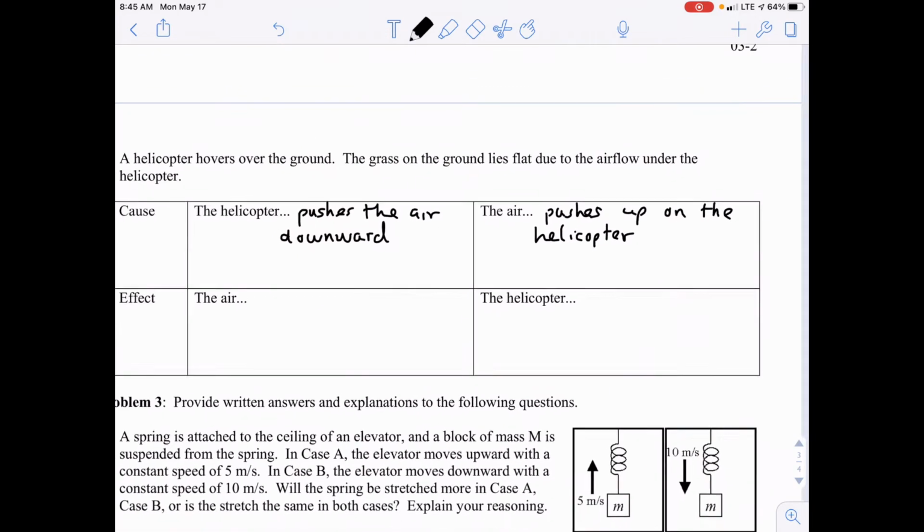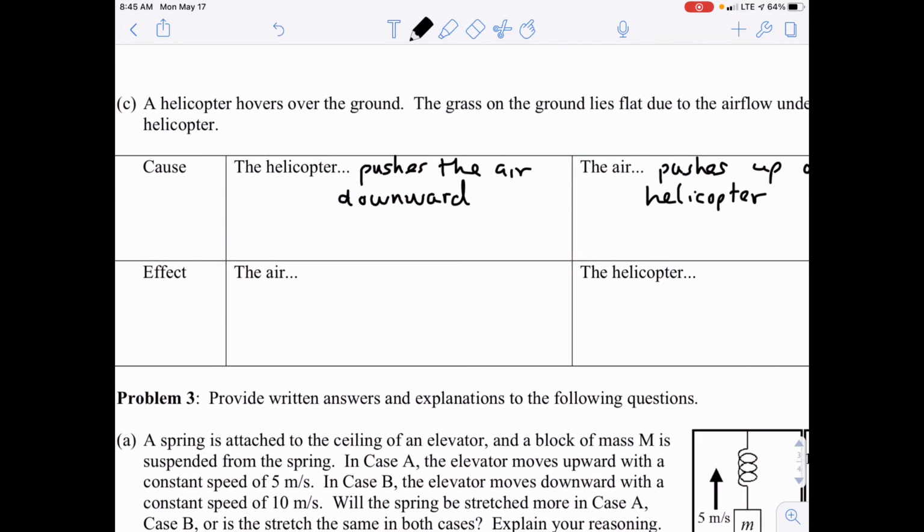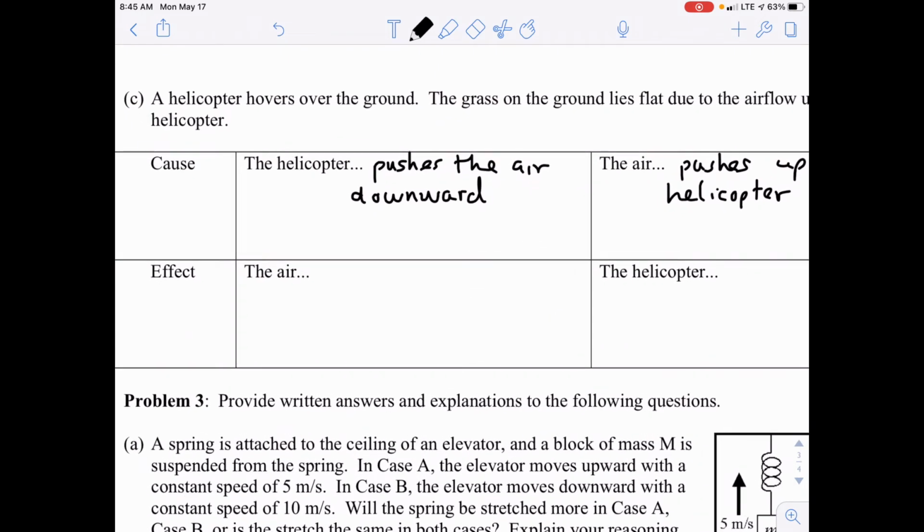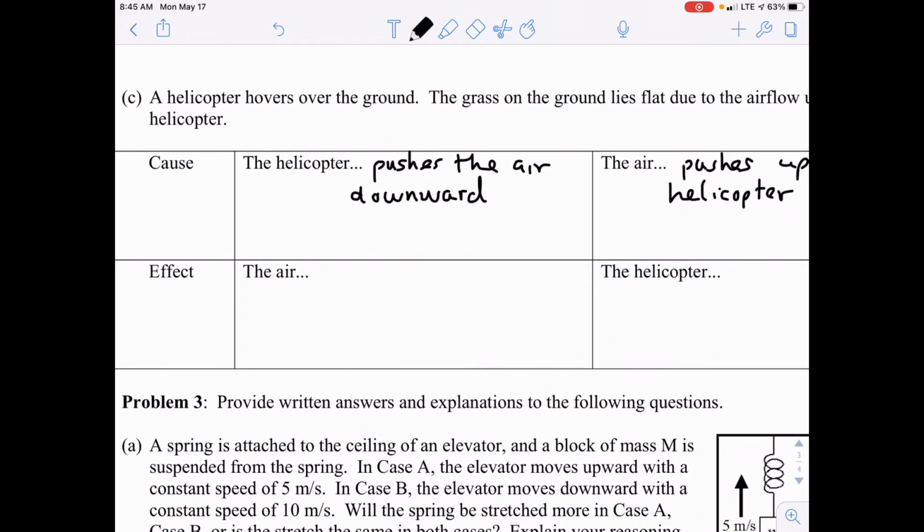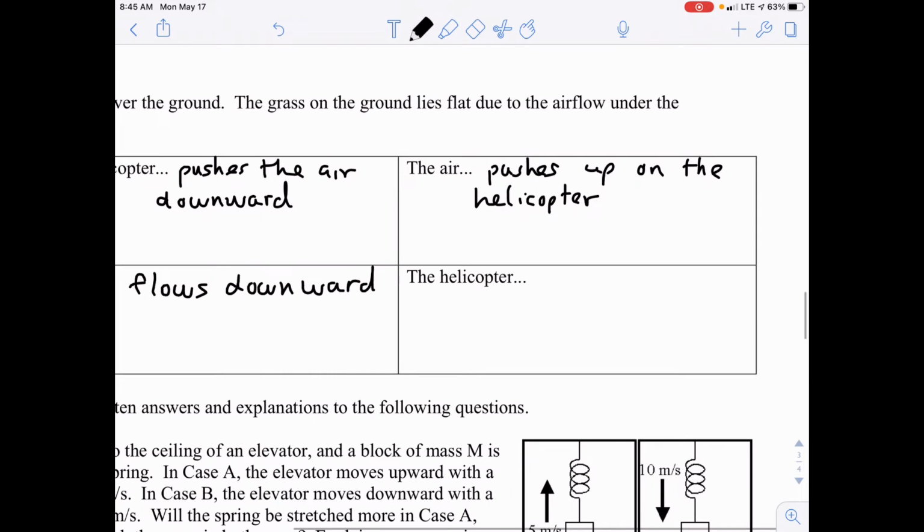So there's your action-reaction. Let's talk about the cause and effect of each one. Well, if the helicopter is pushing the air downward, the air flows downward. It's going to be pushed downward. And the effect of the air pushing back up on the helicopter is the helicopter remains hovering.